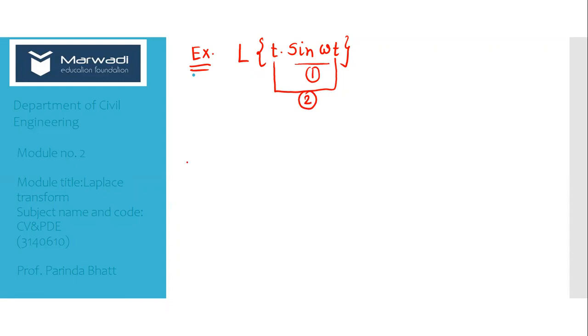Okay, these are the two steps. Now we find the solution. Laplace of sine omega t. Therefore, write the constant omega upon s square plus omega square. Right, this first step is over.